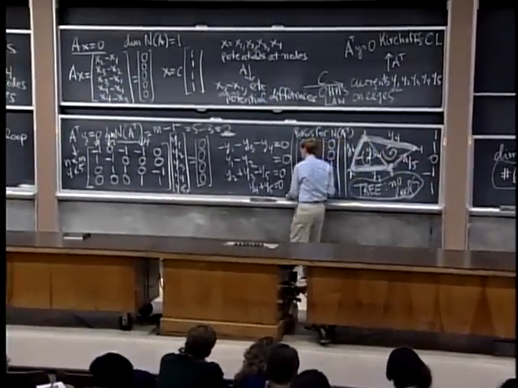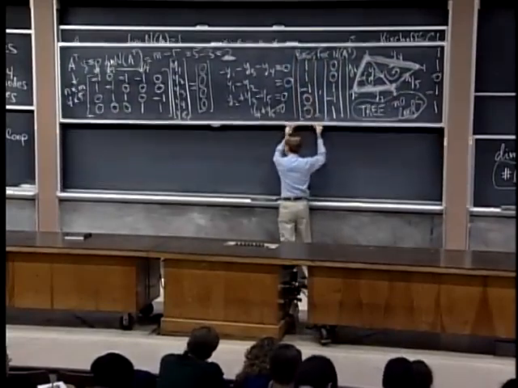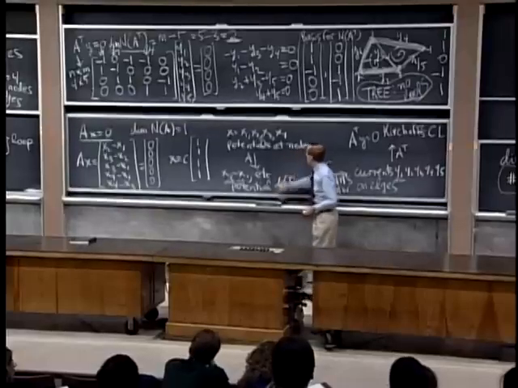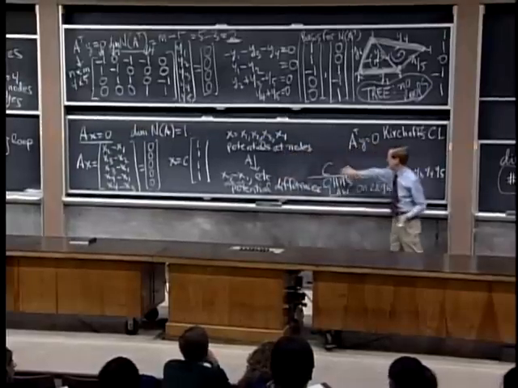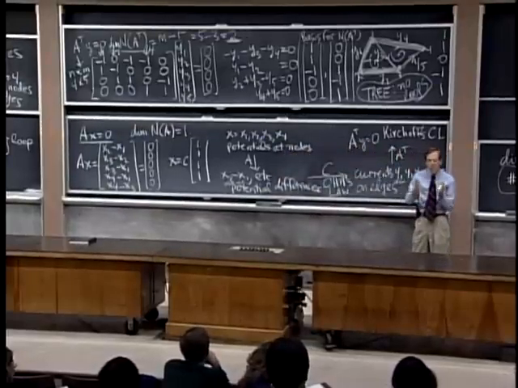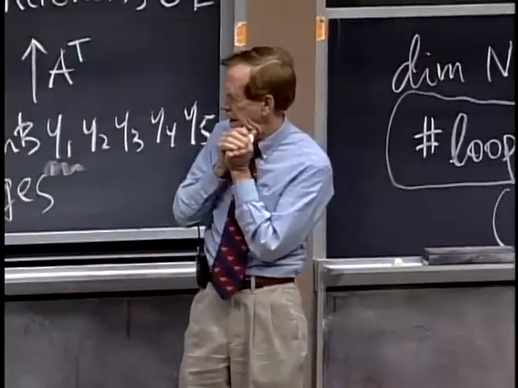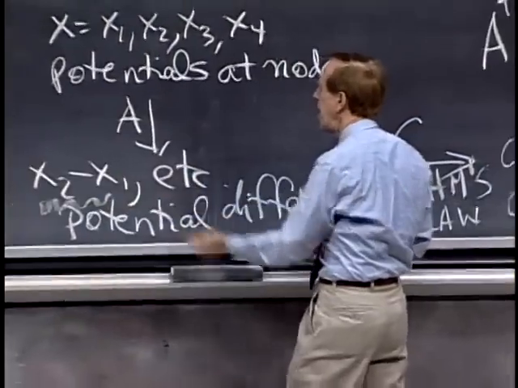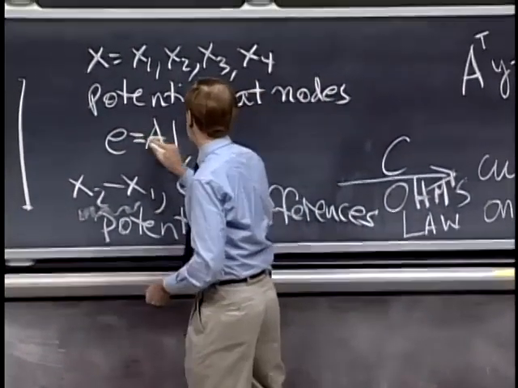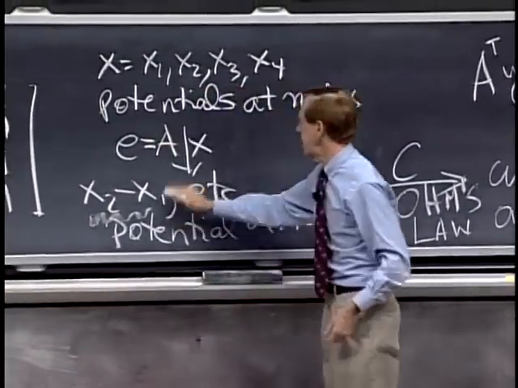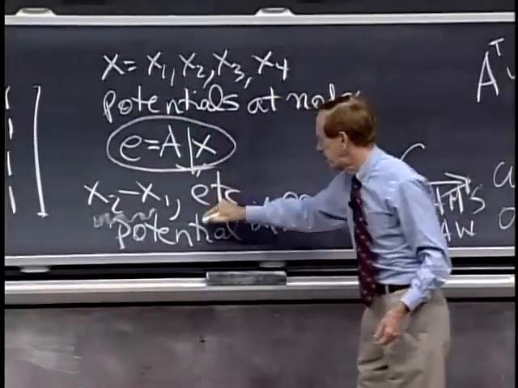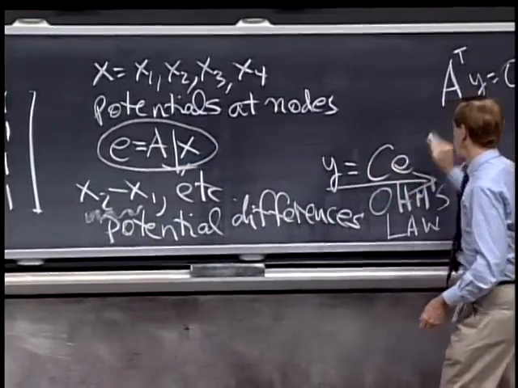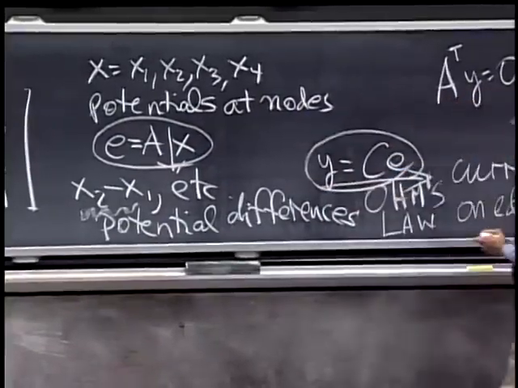So this expresses the equations of applied math. Let me call these potential differences, say, E. So E is Ax. That's the equation for this step. The currents come from the potential differences. Y is CE.